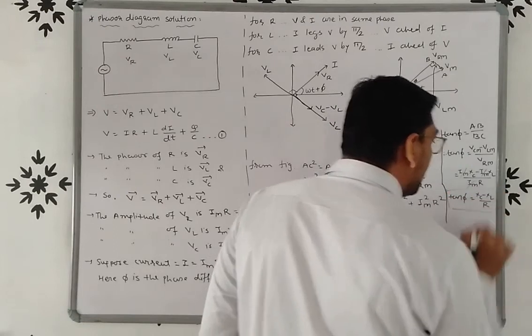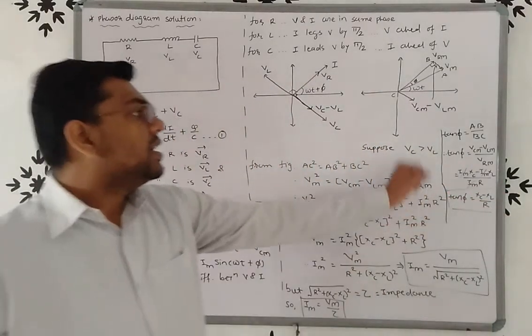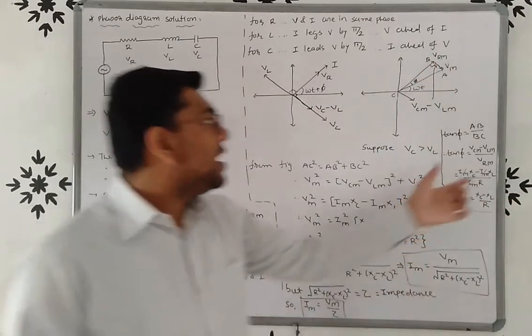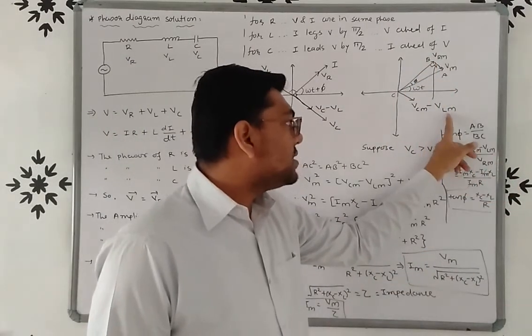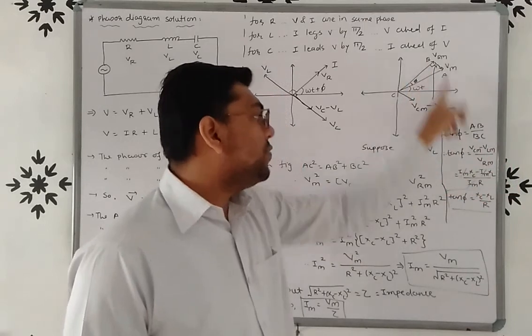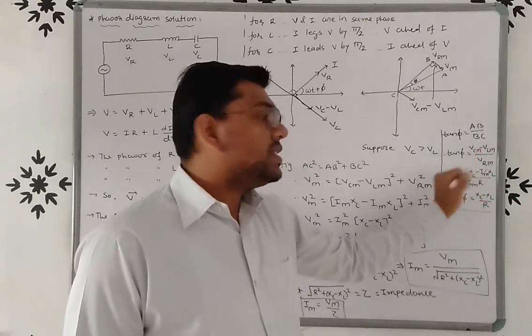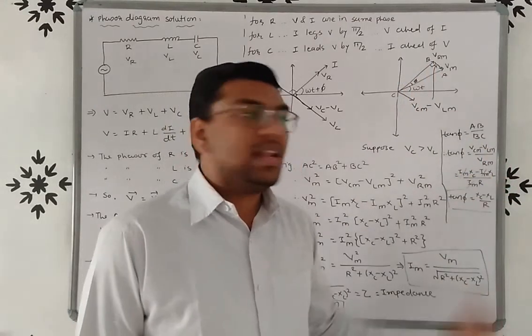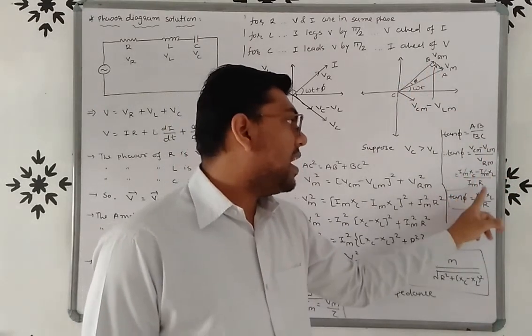So if you want to find this angle phi, then tan phi is equal to AB upon BC. But the value of AB is VCM minus VLM, and BC is VRM. VCM is Im into XC, VLM is Im into XL, divided by VRM.